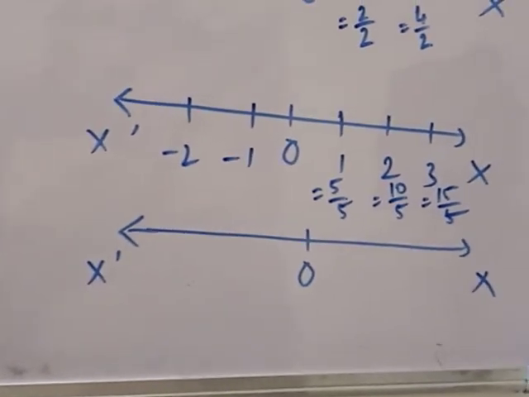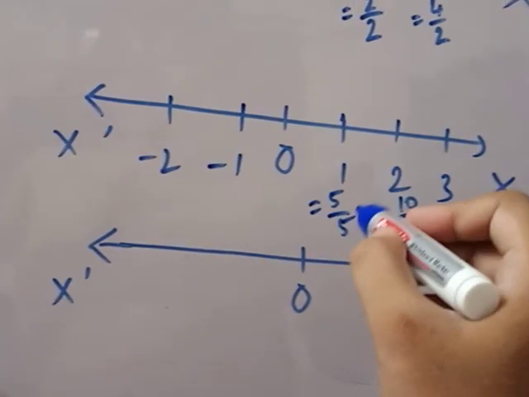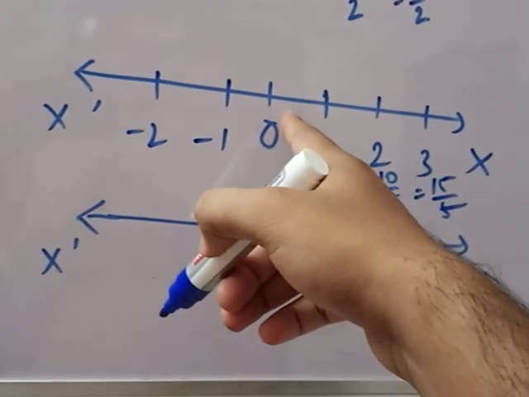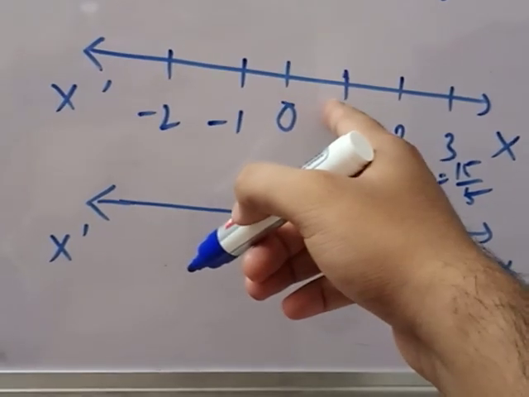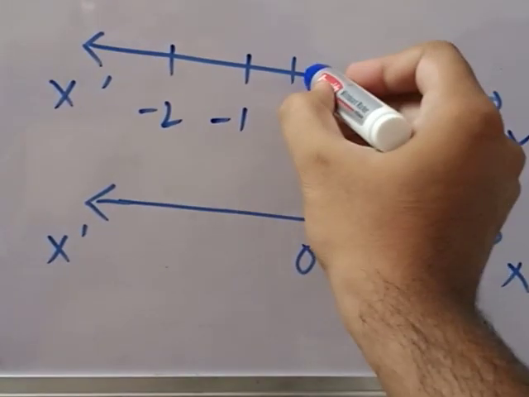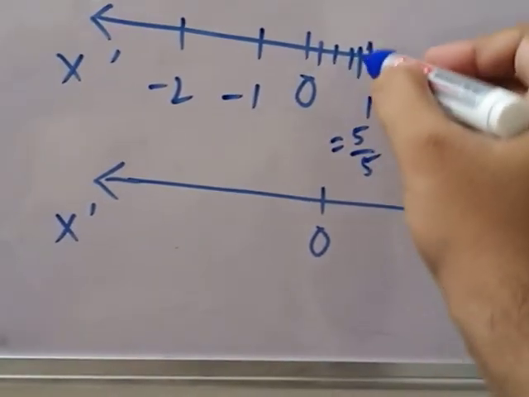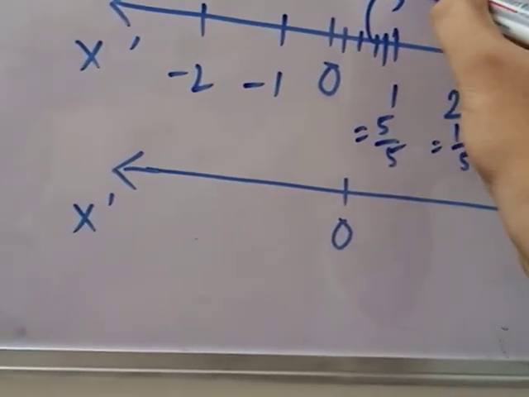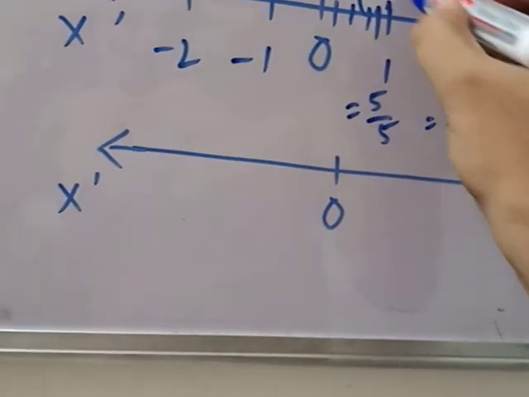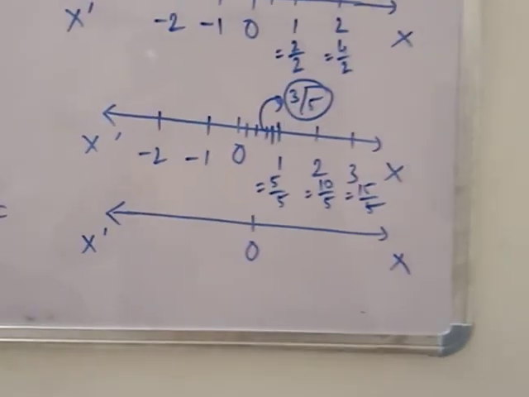So now the given is 3 by 5. So that means you have to break this interval 0 to 1 into 5 equal parts. So 1, 2, 3, 4, 5. See that? And number third is 3 by 5. Okay.